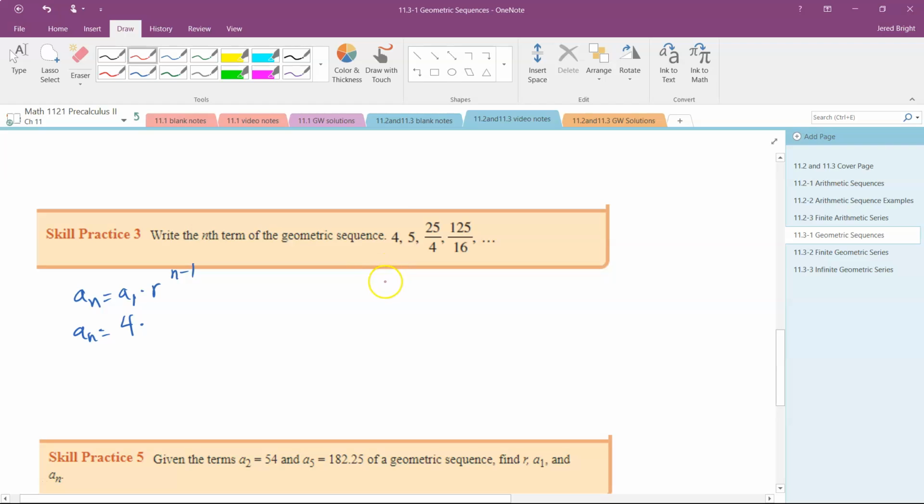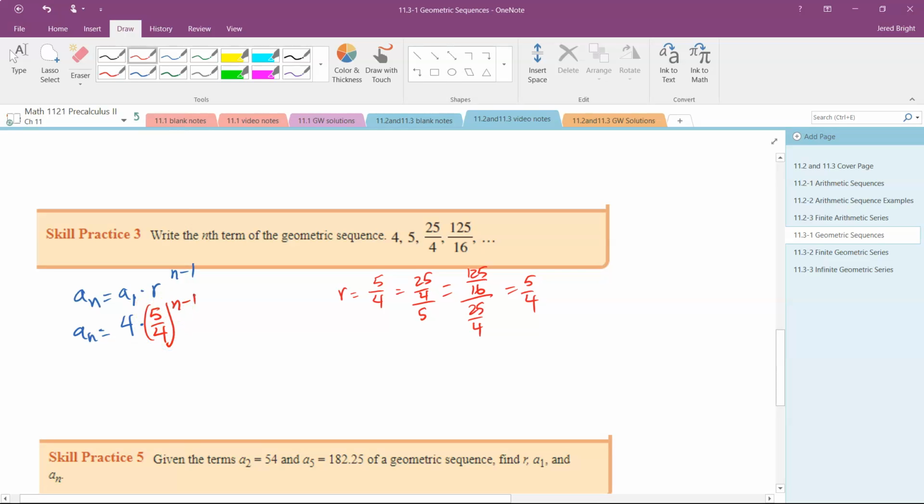If I take 5 divided by 4, that should be the same as 25 over 4 divided by 5, which is the same as 25 over 16 all divided by 25 over 4. And it is. You can do the math out, but these are all equal to 5/4. So I would say that this is 5/4 to the power of n minus 1.